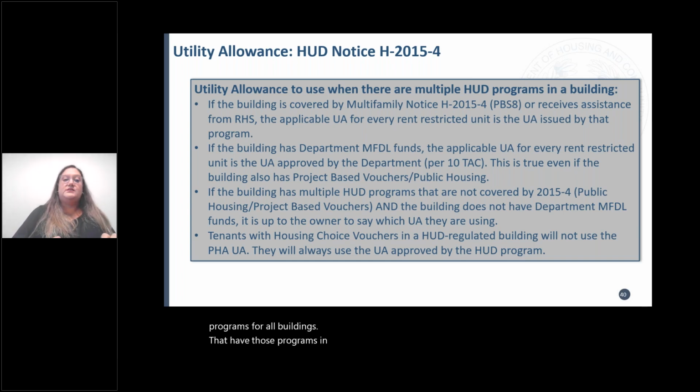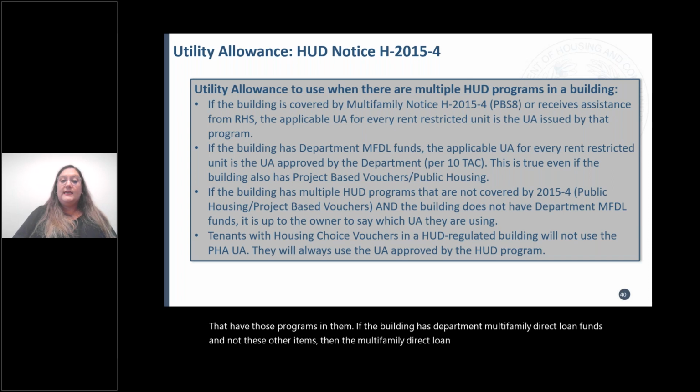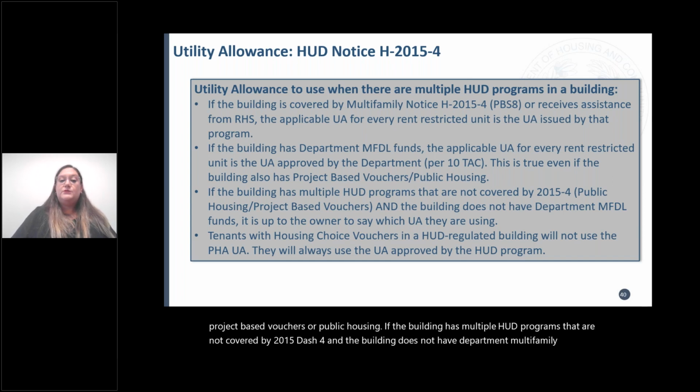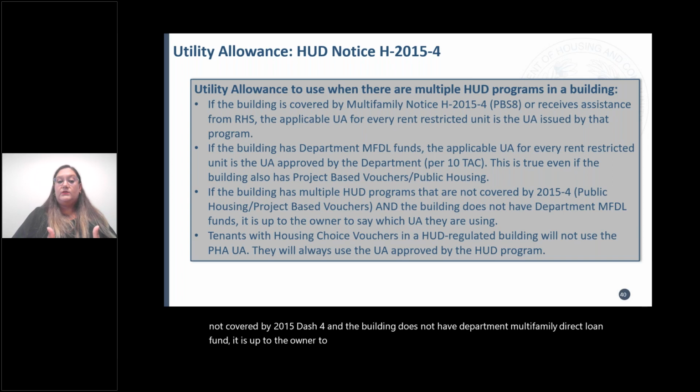If the building has multifamily direct loan funds and not these other items, then the multifamily direct loan utility allowance wins, even if there's project-based vouchers or public housing. If the building has multiple HUD programs that are not covered by 2015-4, and the building does not have multifamily direct loan funds, it is up to the owner to tell us what utility allowance they're using.